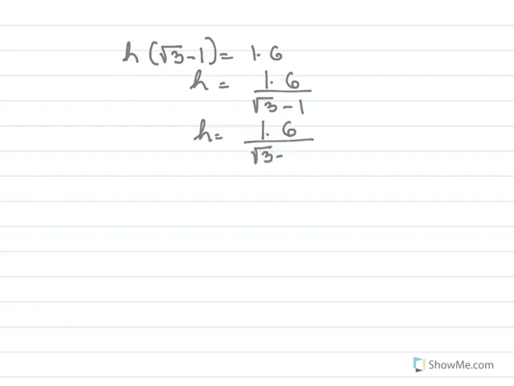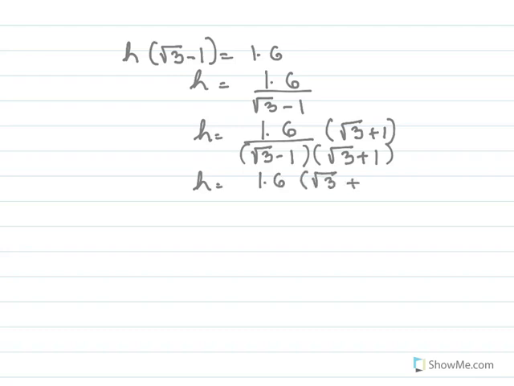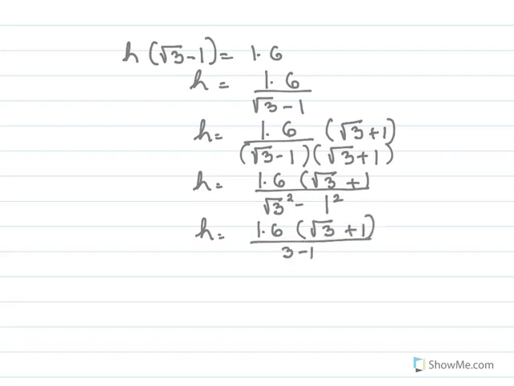Now we need to rationalize this. So 1.6 over root 3 minus 1 multiplied by root 3 plus 1 over root 3 plus 1. So H is 1.6 times root 3 plus 1, over, A plus B, A minus B, A square minus B square, 3 minus 1. H is 1.6 times root 3 plus 1 over 2.